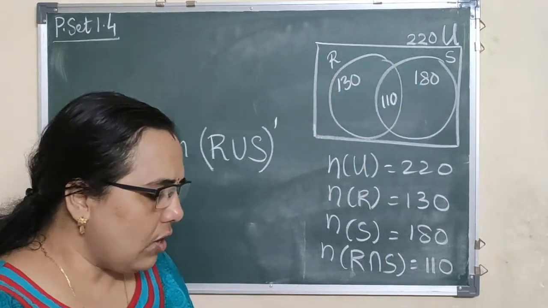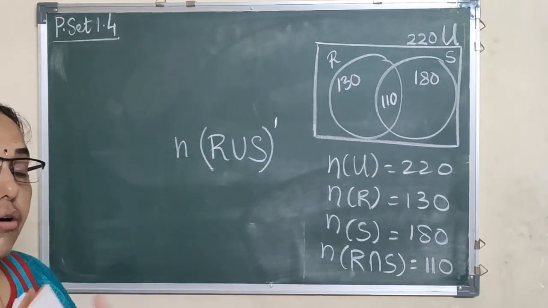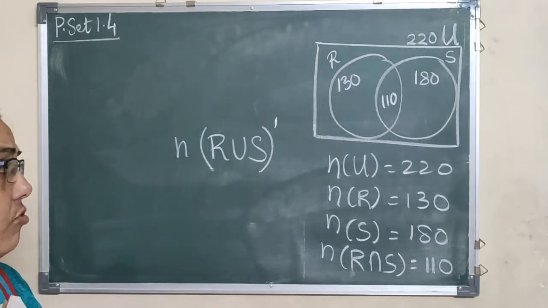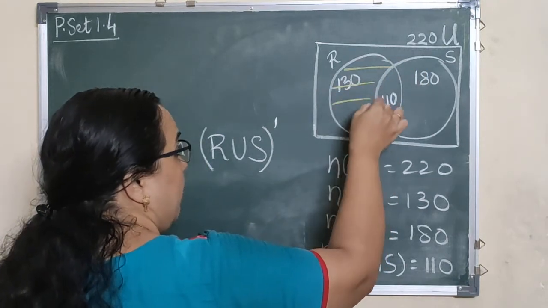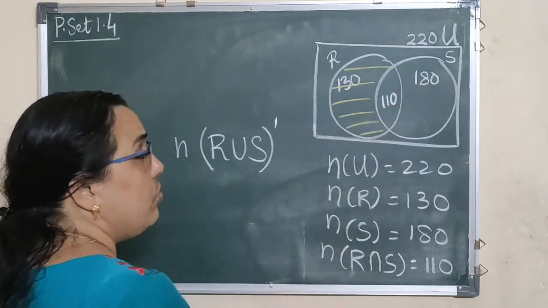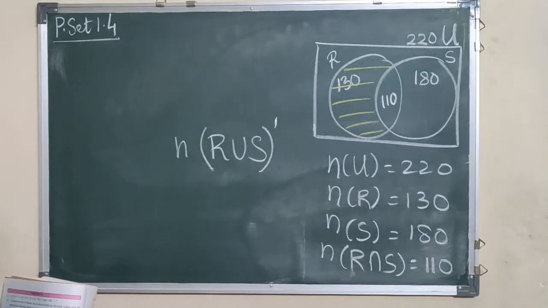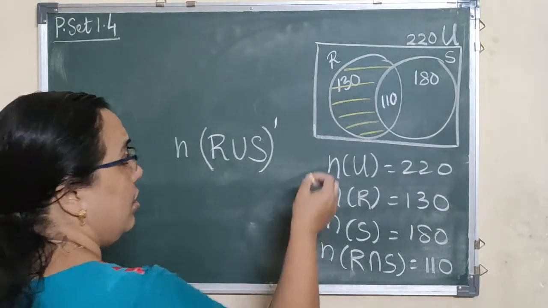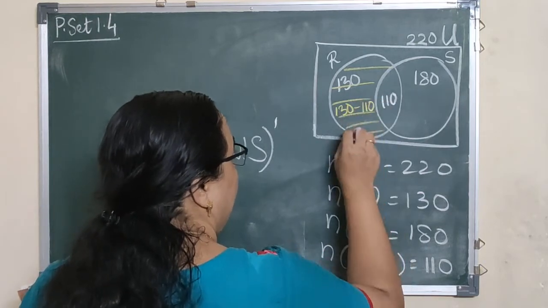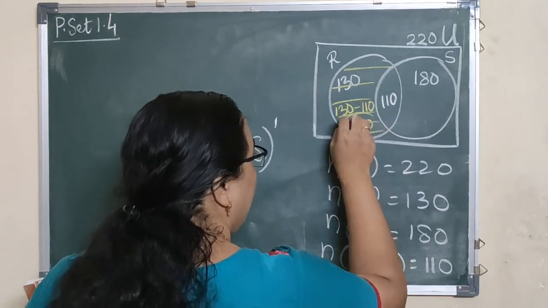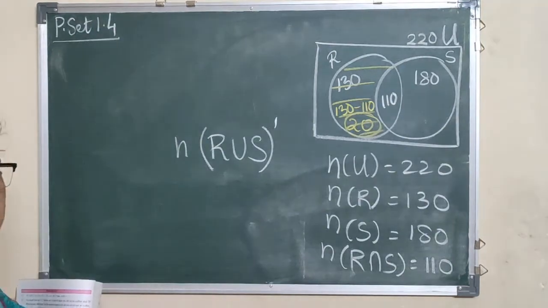Then they are asking us how many of them follow the hobby of rock climbing only. Now for rock climbing only, this part is only rock climbing. So which is the extra here? This 110 is an extra here. So we subtract 130 minus 110. How many are doing only rock climbing? 20.